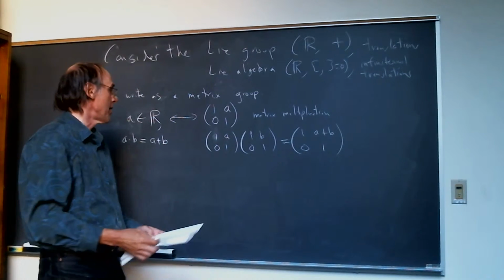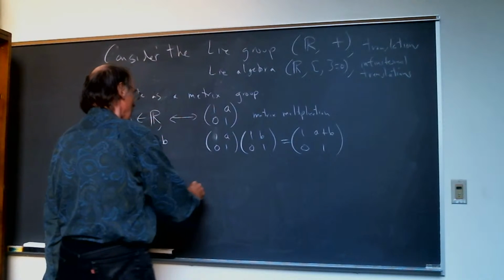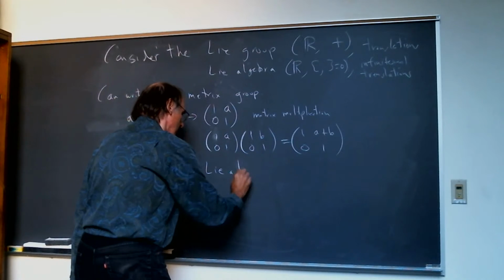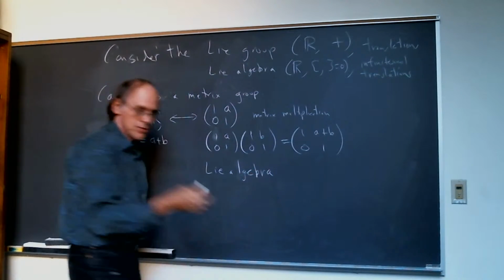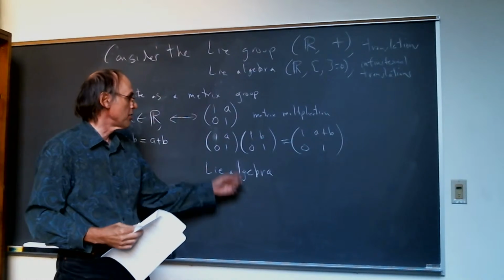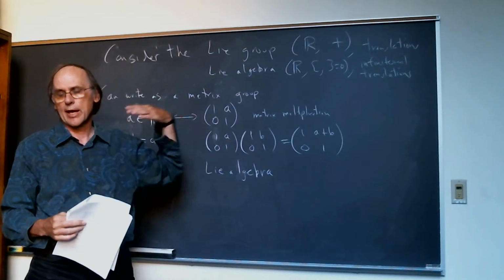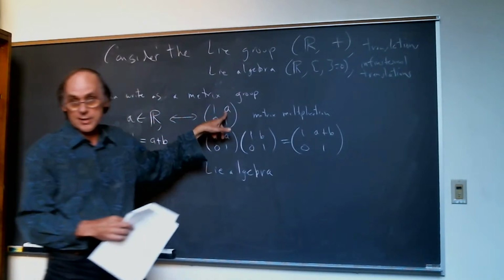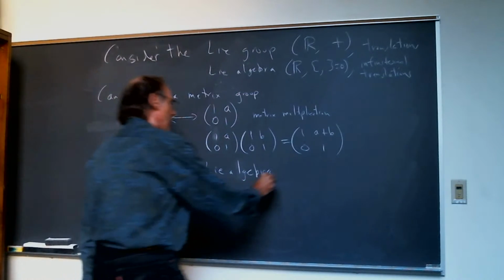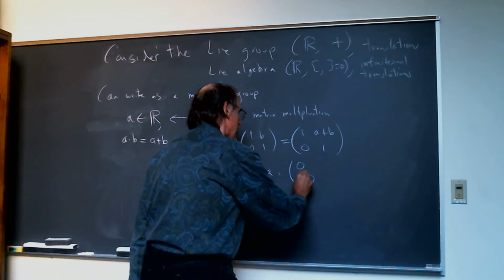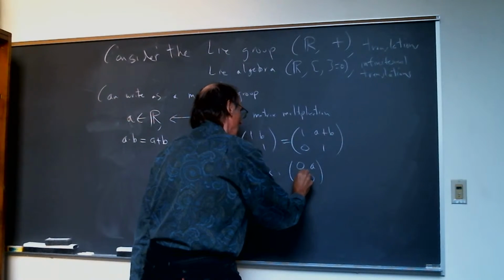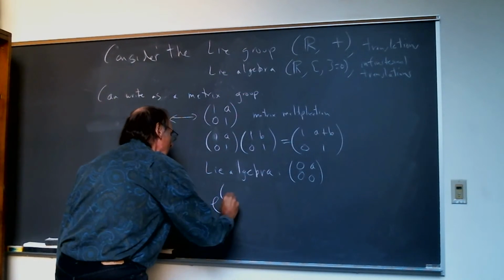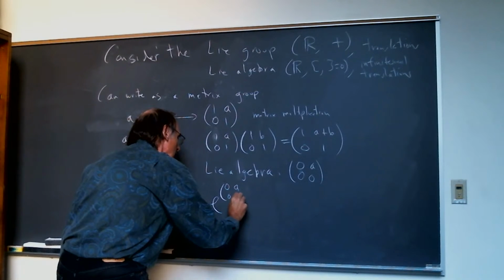And then the nice thing, to get the Lie algebra, use the definition that the Lie algebra is the stuff that you can exponentiate. If you've got a matrix group, the Lie algebra is the space of things that you can exponentiate to get these guys. So these are elements of this form, the matrix with rows (0, A) and (0, 0).